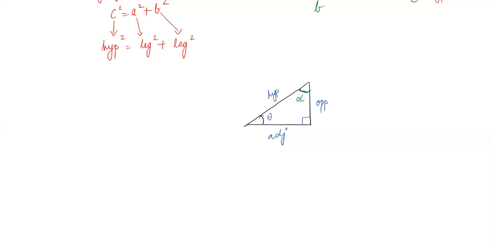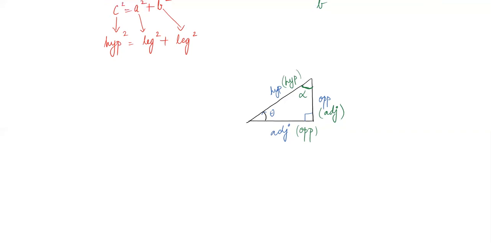If alpha is the angle, its opposite side will now be the opposite. And the hypotenuse remains the hypotenuse because it's still opposite 90 degrees. Nothing changes there. I'm putting all the green ones in parentheses. And the opposite side in the blue will now become the adjacent side because that's the leftover side after I have fixed the opposite and the hypotenuse. So we have to be super careful which angle we're talking about and then considering its opposite side and adjacent side. Okay? All right, let's begin.